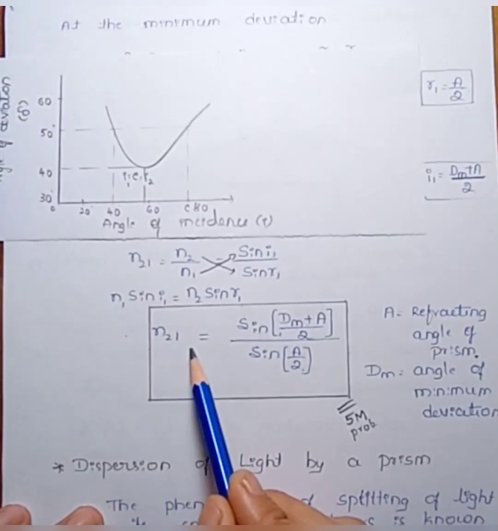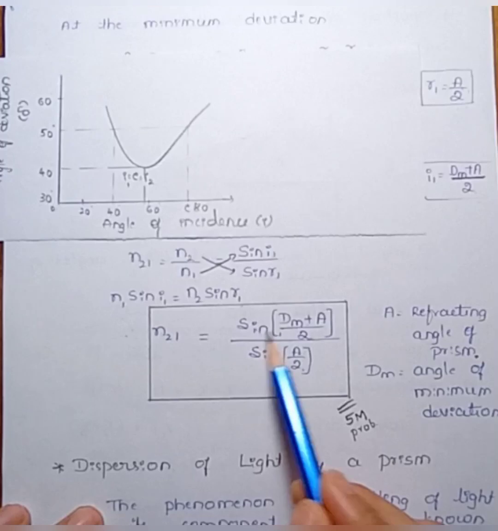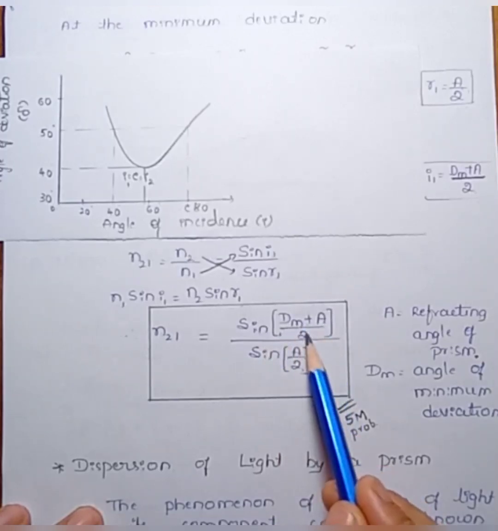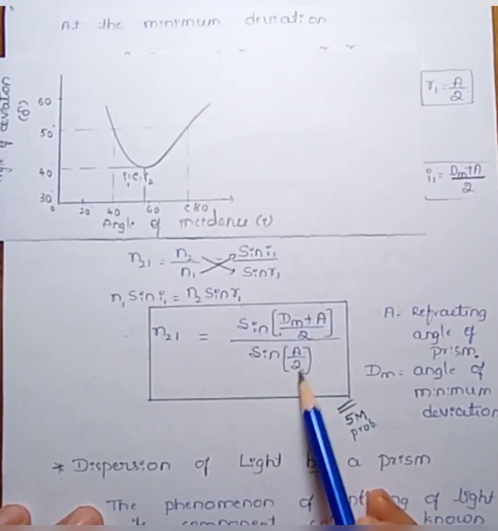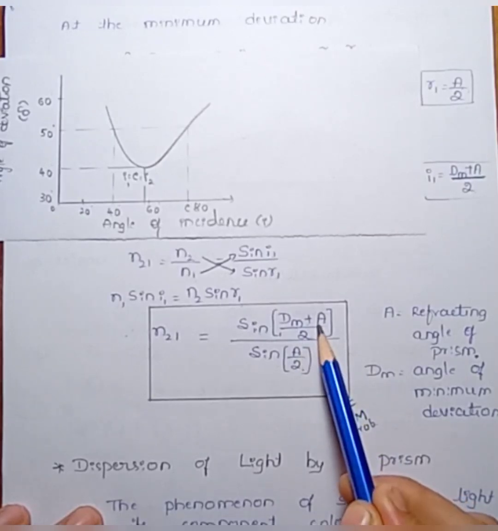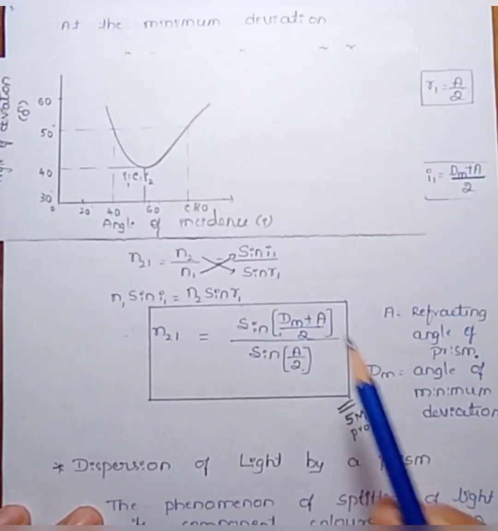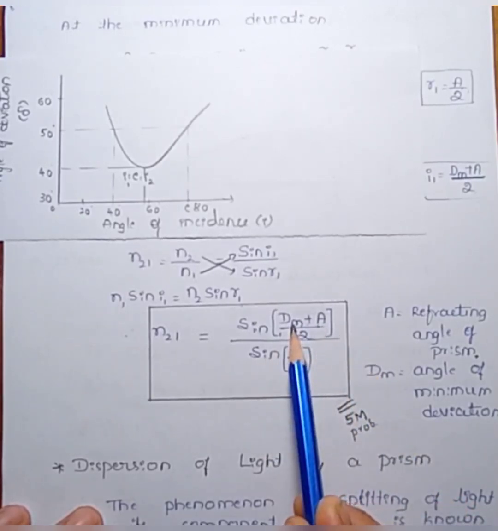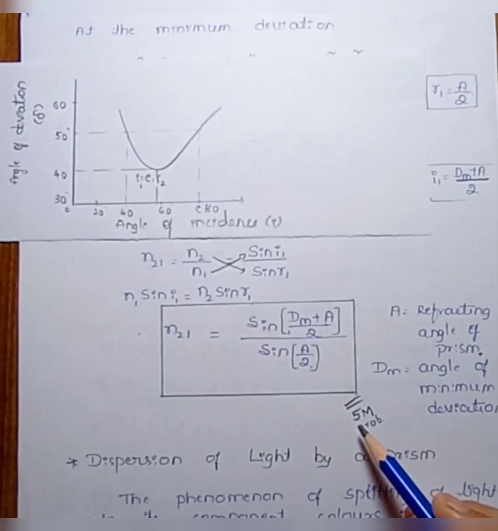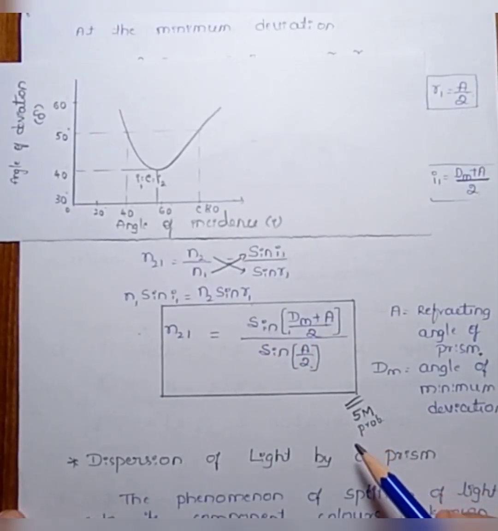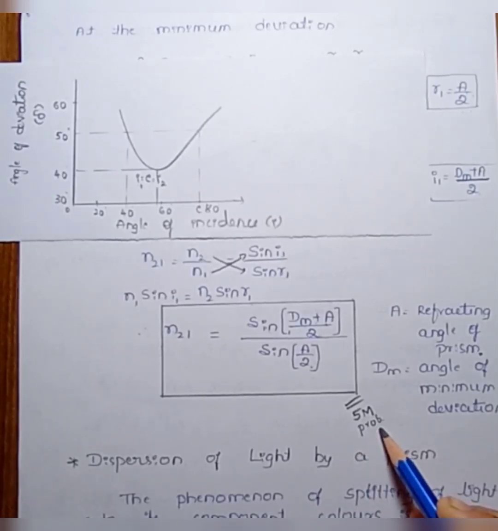Therefore, n21 can be written as sin of dm plus A divided by 2, all divided by sin A divided by 2. Here A is the refracting angle of the prism and dm is the angle of minimum deviation. Up to here, this derivation is very important for 5 marks and also for problem solving.